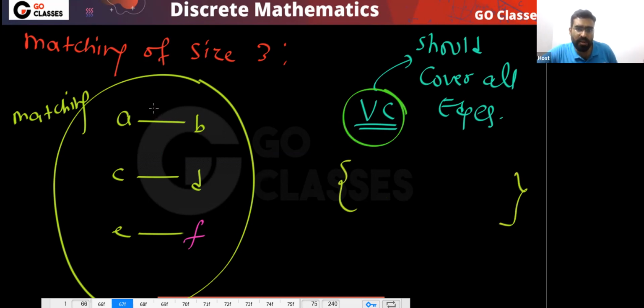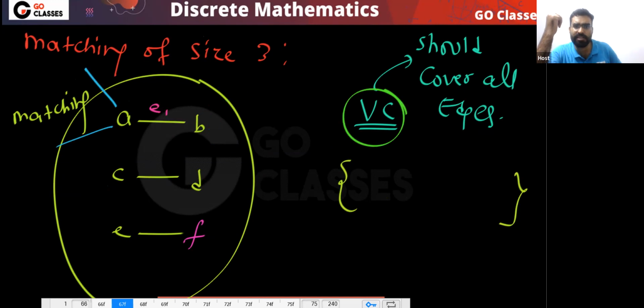To cover this edge, E1, I have to take at least one of its endpoints, yes or no? Who has the capacity to cover E1? Remember, there can be other edges and other vertices.